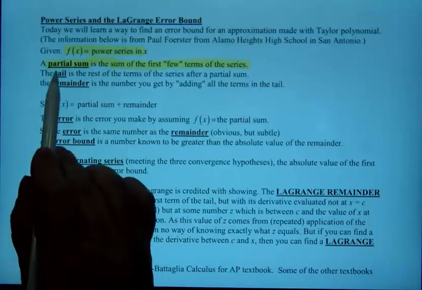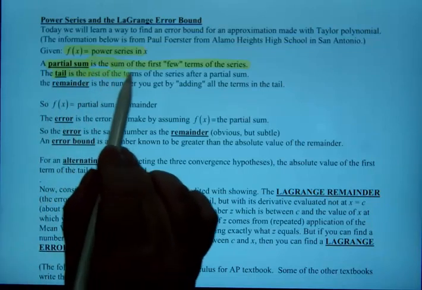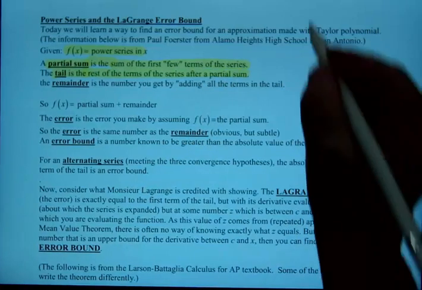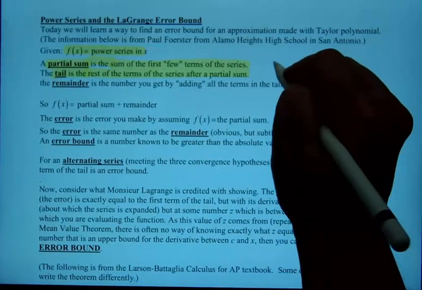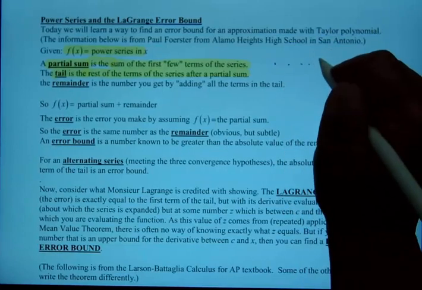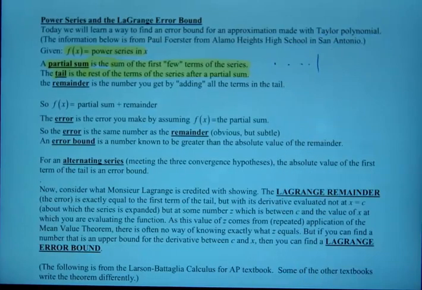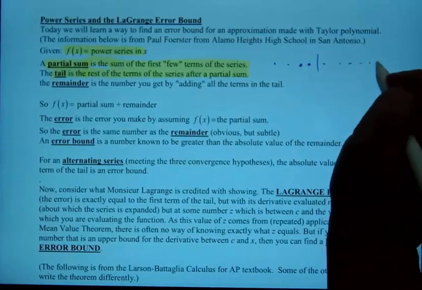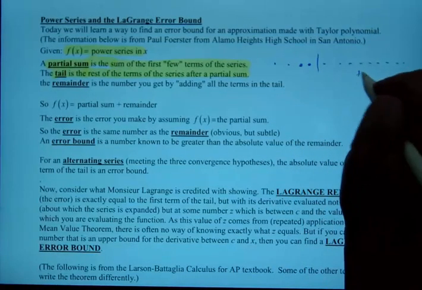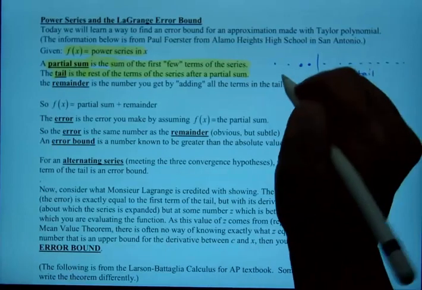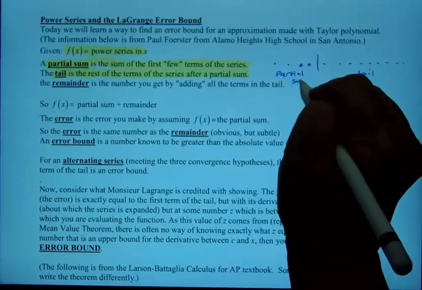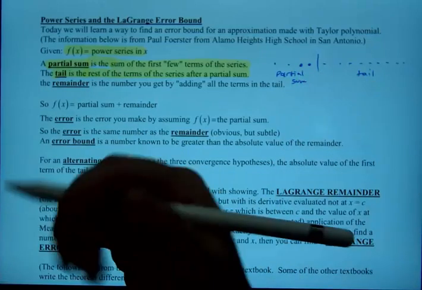The tail, this is his word, is the rest of the terms of the series after the partial sum. So when you write out a series, you have first term, second term, third term, fourth term, and you stop. Everything after that, this is the tail. This is the partial sum. You decide where to stop.